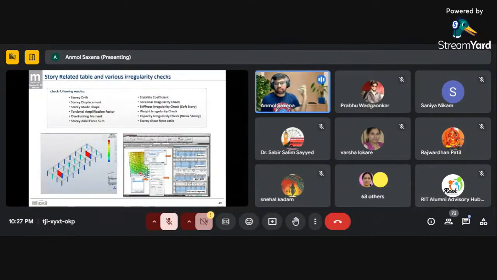After the analysis, in case of high-rise structures, we have to provide various checks in the building, like story drift check, story displacement check, or mode shape check.